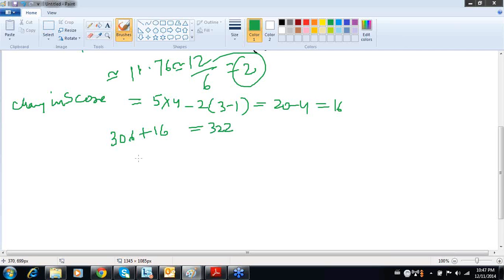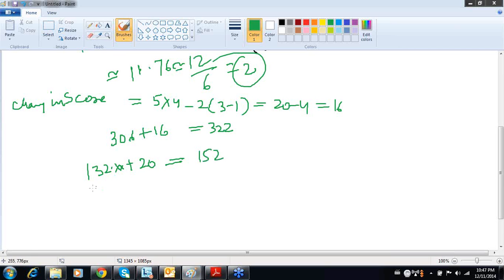And 4s, how much is it? The runs in fours increase by 20. So the number of runs scored in fours will be what?